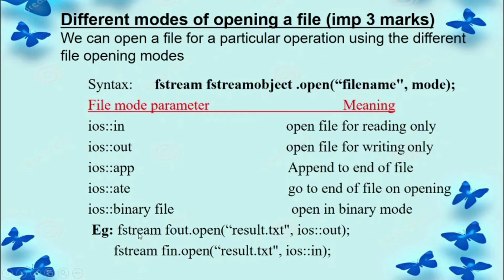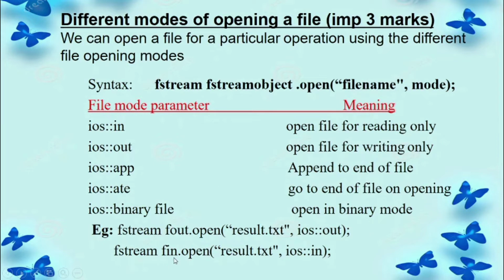Now see the example, fstream is the class name, and fout is the object, fout.open, result.txt is the file, and the file mode parameter here we are using ios scope resolution out. So ios scope resolution out means this parameter is used to open a file for only writing. Okay.